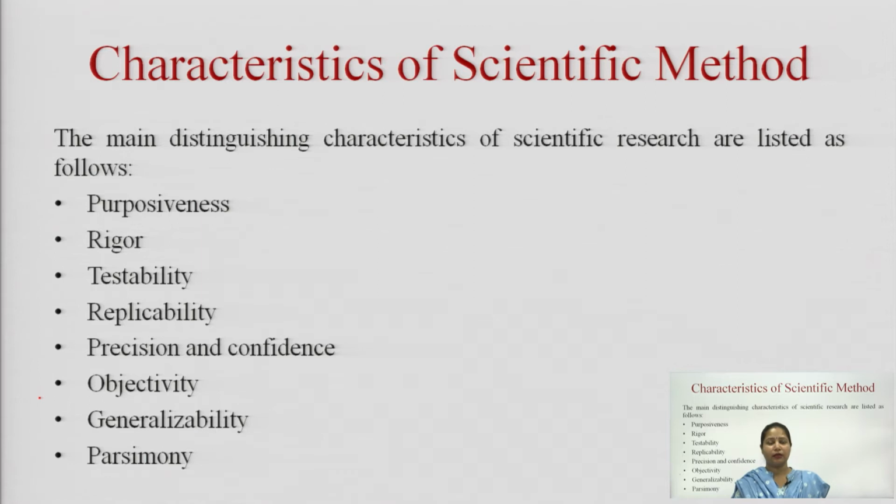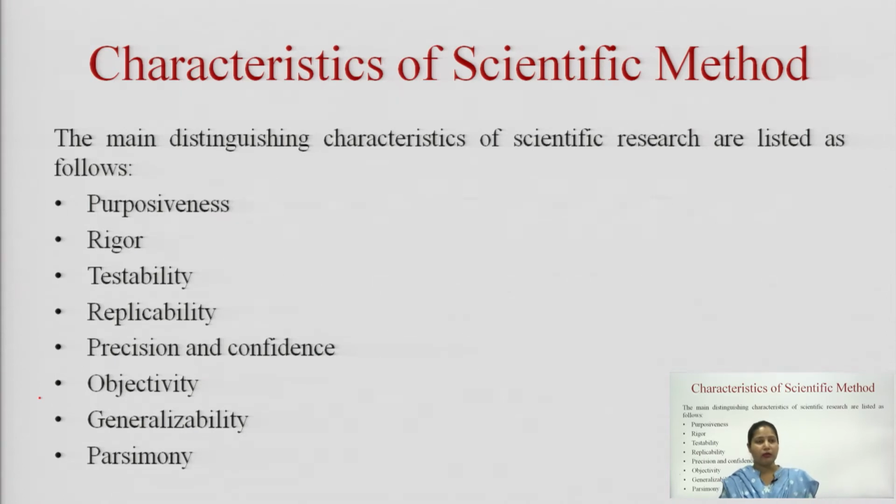In scientific research, if you are doing a certain type of experiment, you expect a certain outcome. Every research has some purpose and aim. Without an aim or purpose, we cannot conduct the research in a scientific way.